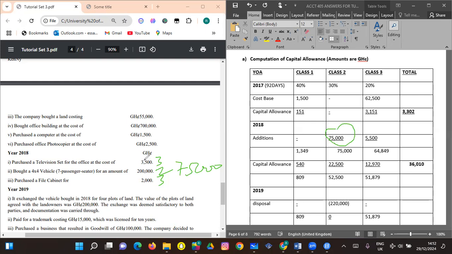Then 3,500 plus 2,000, 5,500. That's what we have here. So here's what we calculate when we add it to the previous year's written down value. Oh, I didn't do the written down value. Let me do it.